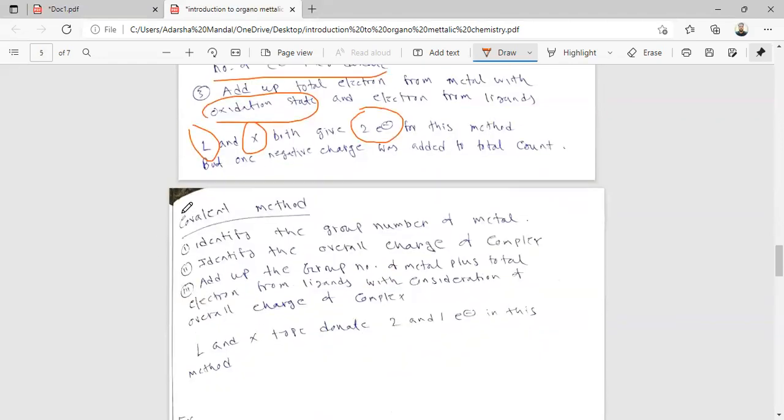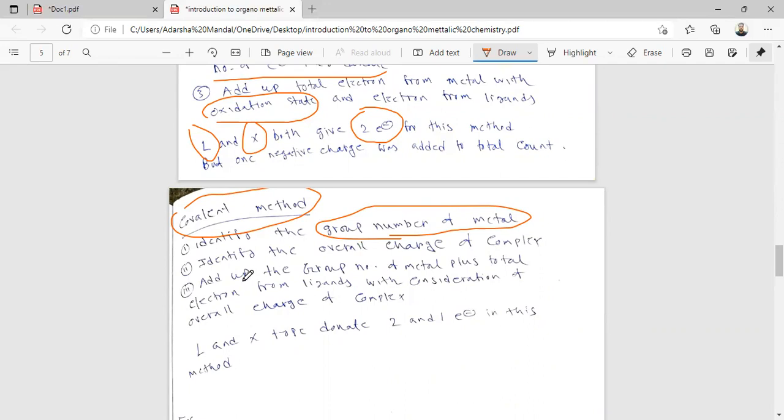Next is the covalent method, which is an electron neutral method. First we have to identify the group number of the metal, that is, in which group the metal is situated in the periodic table. Next, we identify the overall charge of the complex, whether it is electron neutral, positively charged or negatively charged.